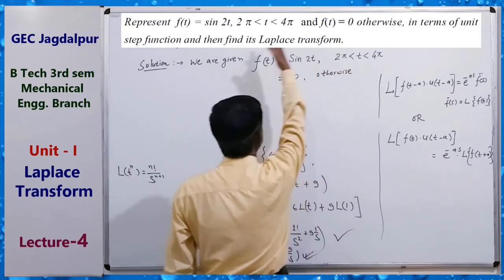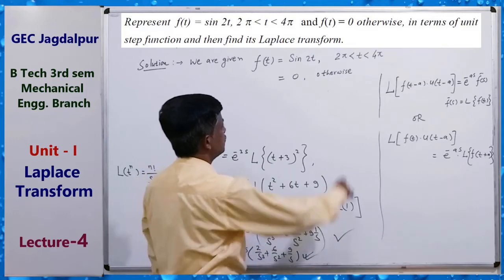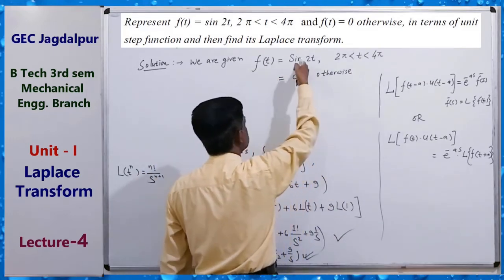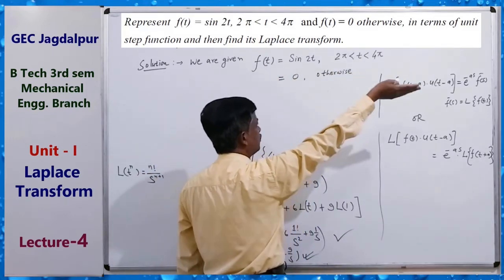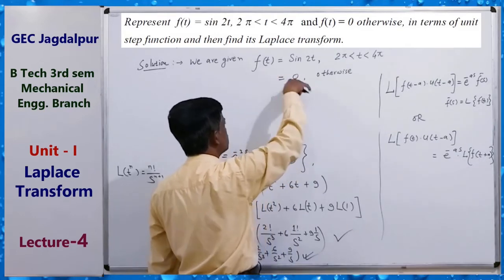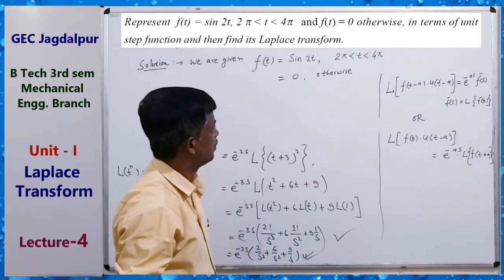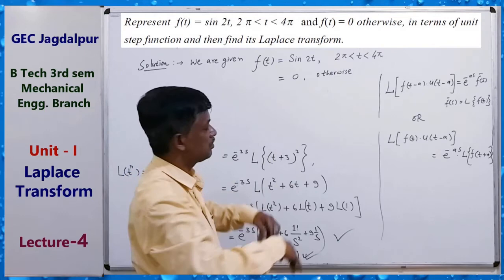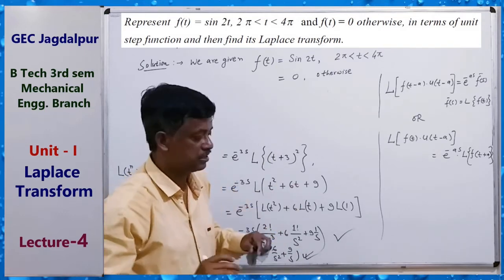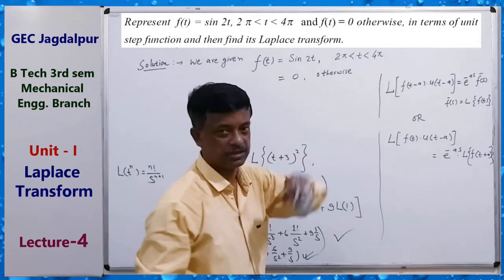This means in this interval the value of the function is this, and in the other part the value of the function is 0. So we have to convert it in terms of the unit step function and then find the Laplace transform.